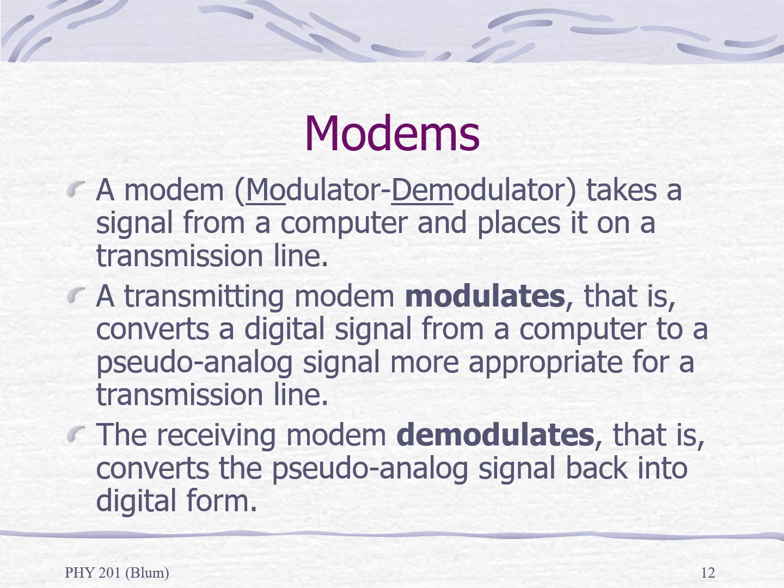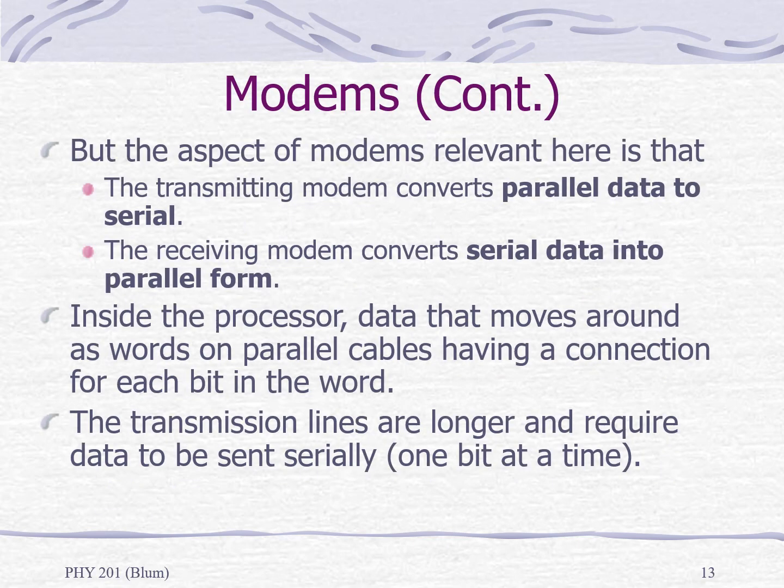The receiving modem is said to demodulate the signal. It's going to take that pseudo-analog signal that was on the transmission line and convert it back into a digital form. Our focus here is on the shift register.